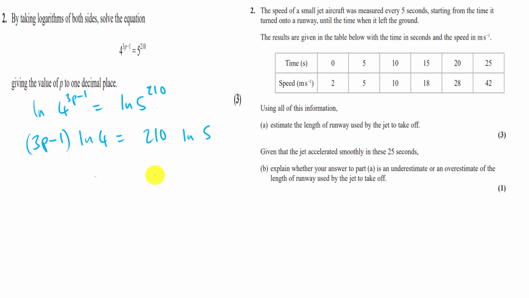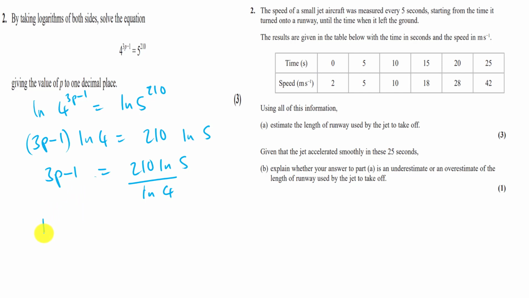Now we want p to be the subject, so we divide out by ln 4. So we're going to get 3p minus 1 equals 210 ln 5 over ln 4. Now it's quite nice, we can just plus 1 on both sides and divide out by 3.